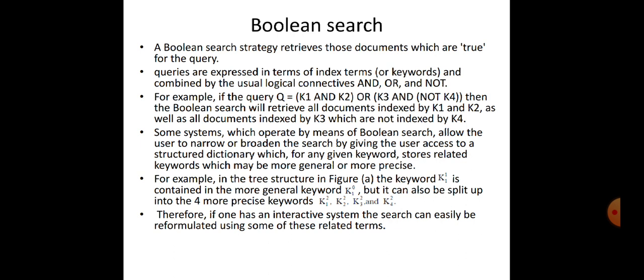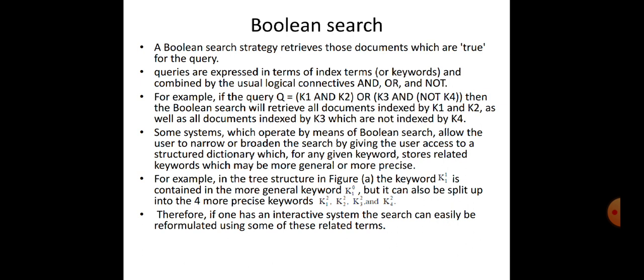Now we need to discuss the Boolean search. Boolean search strategy retrieves those documents which are true for the query. We will have a query and we will be comparing all the documents against this query, and we will be retrieving the documents which are actually true for this particular query.